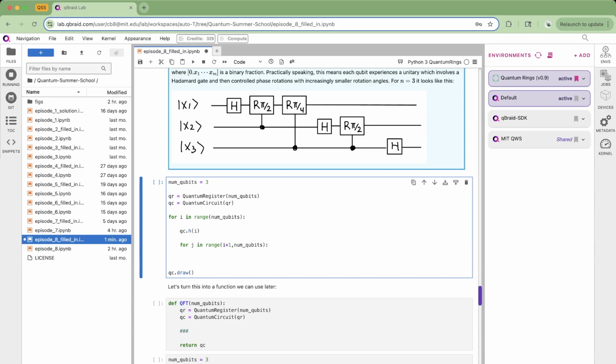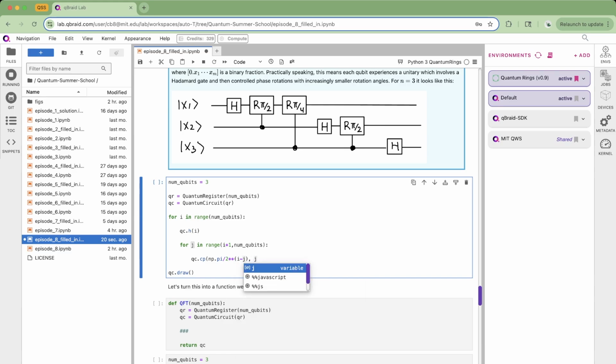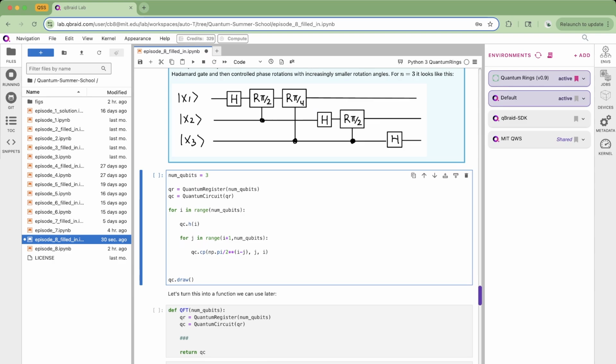And what we want to do is apply a controlled phase gate. So we can do that with CP. And the phase is going to be pi divided by 2 to the i minus j. And we want to apply that controlled on qubit j and targeting qubit i. And then I'll just add a barrier here in between the different qubits so it's easier to tell them apart. Let's check that we did this correctly.